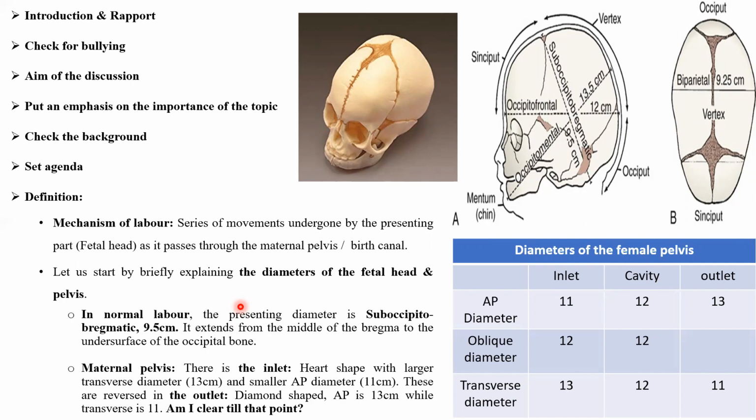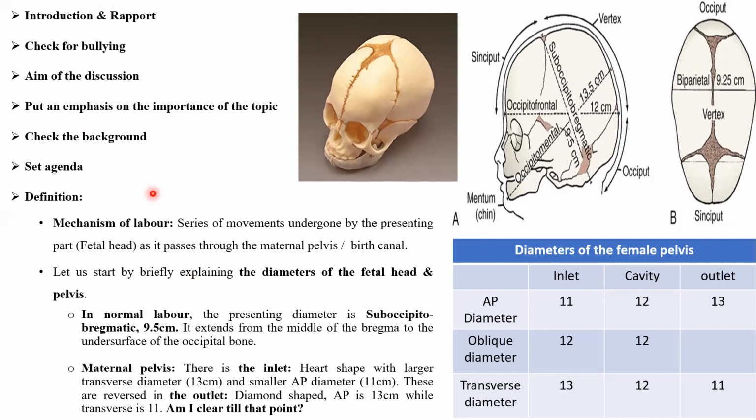So this is the difference in the definition between normal labor and the mechanism of normal labor. The mechanism is a series of movements undertaken by the presenting part while it passes through the maternal birth canal. As in any teaching station, please follow the same steps.